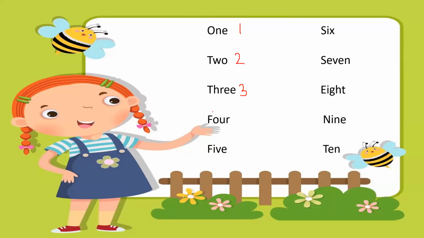Then 4. F-O-U-R, 4. How to write number 4? Like this. Yes, I hope everyone is saying loudly with me and writing also. Okay. F-O-U-R, 4.